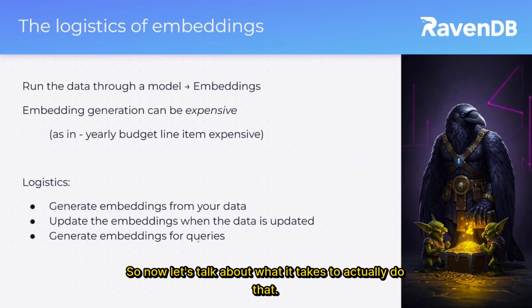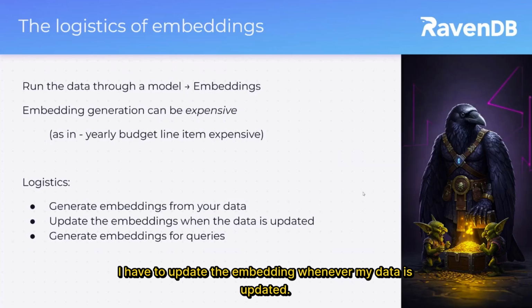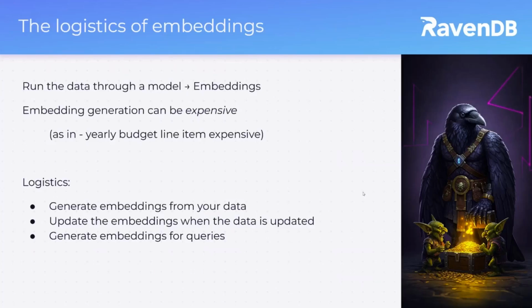So now let's talk about what it takes to actually do that. It means that I need to generate embeddings for my data. That's relatively simple. I have to update the embedding whenever my data is updated. I have to run the embedding whenever I want to query. And that turns out to be quite complex.